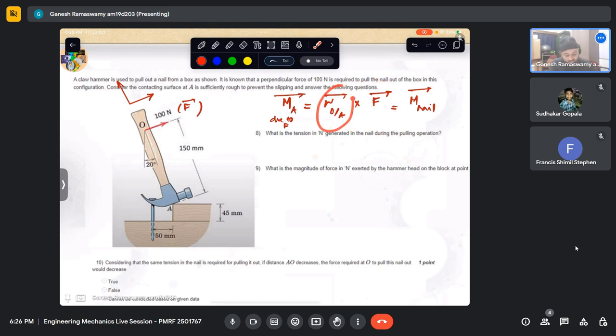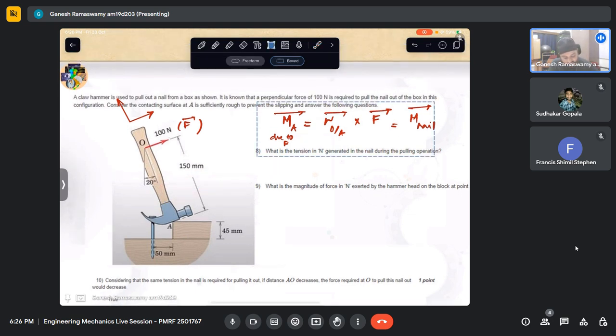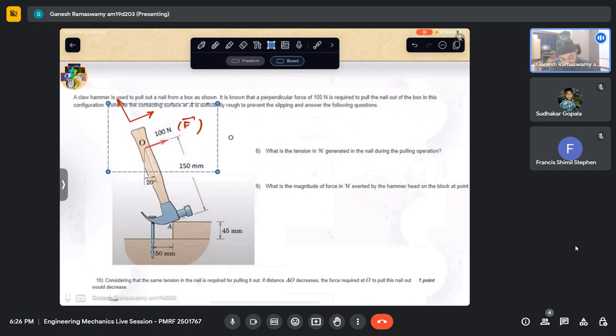So as soon as this decreases, this would have to increase in order to mobilize. So if we were to instead hold the hammer here and pull, we would have to apply a much higher force. So that is the essence behind this question. This deals with just the rudiments of how to take moments, how to do equilibrium. So that is what it is.